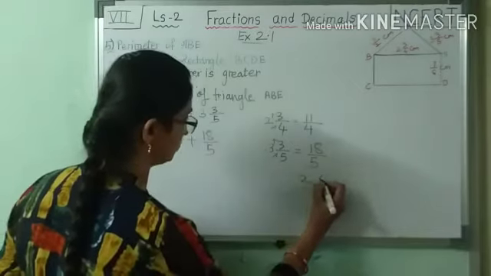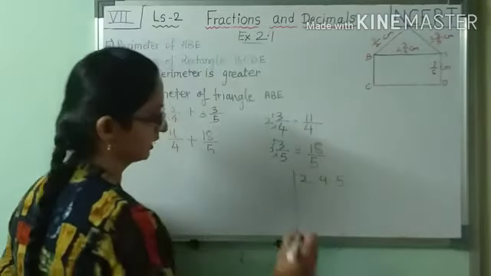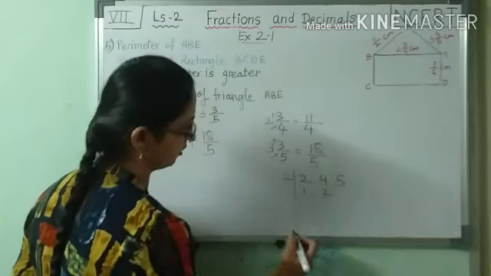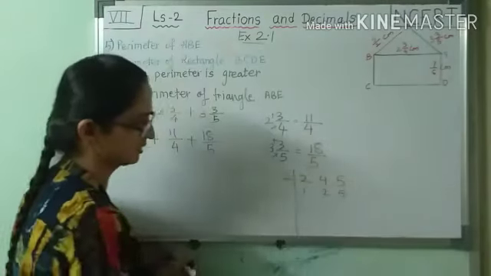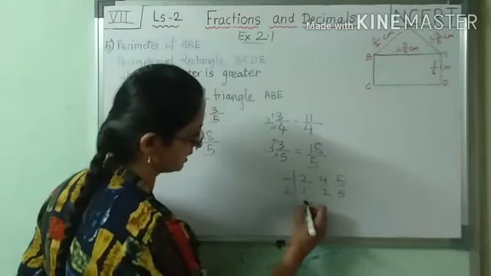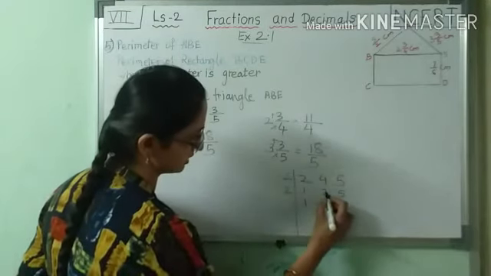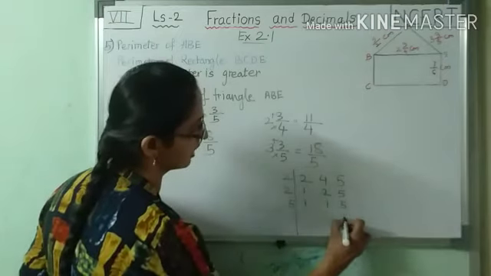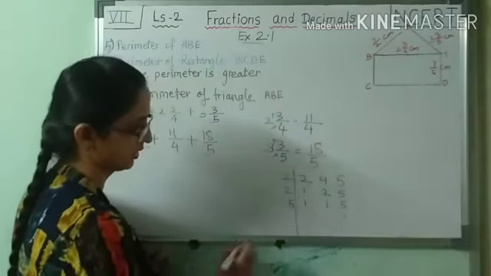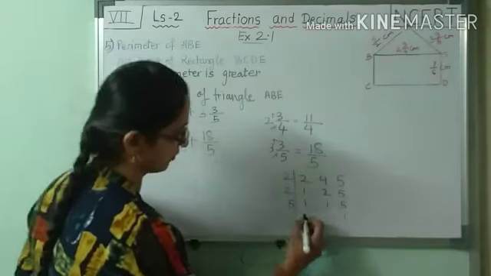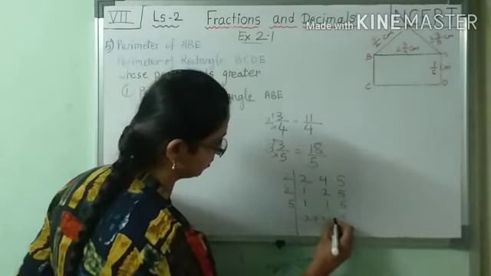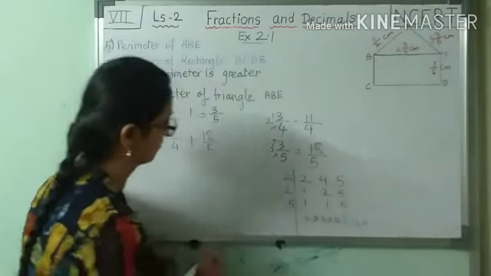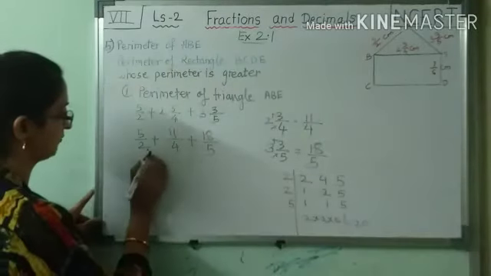Write 2, 4, 5 in 2's table. 2 1s are 2, 2 2s are 4. Write 5 as it is. Again 2. Write this 1 as it is. 2 1s are 2. Write 5 as it is. Then 5 1s are 5. So LCM is 2 into 2 into 5. 2 2s are 4. 4 5s are 20. So LCM is 20.